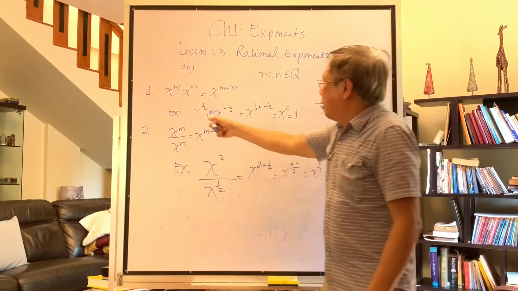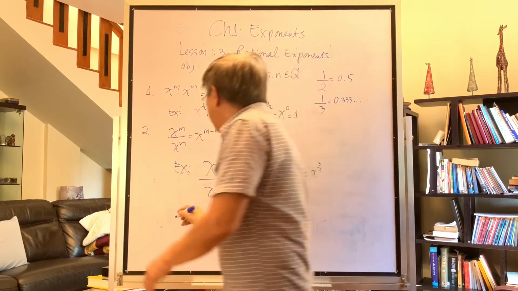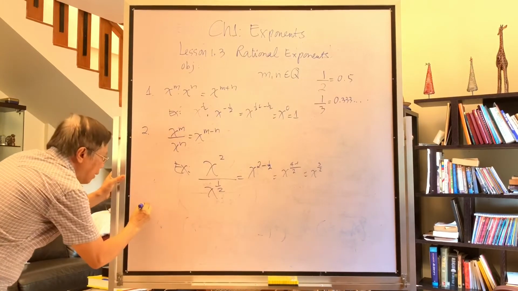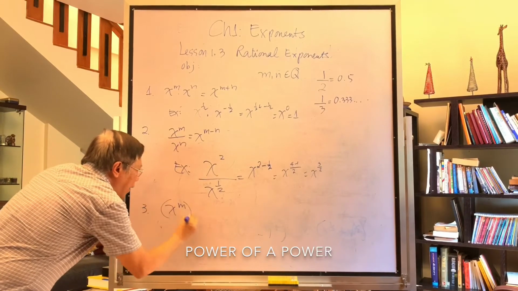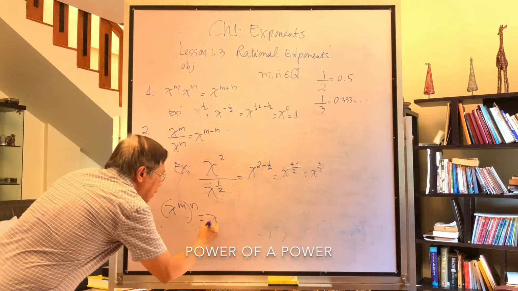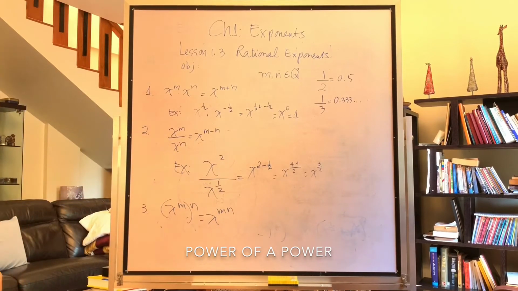So this is product law, this is quotient law, and the third law that we discussed was power of a power, which gave us x to the mn.